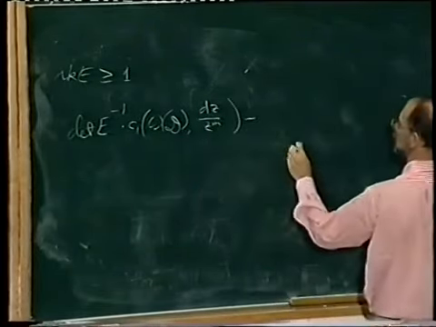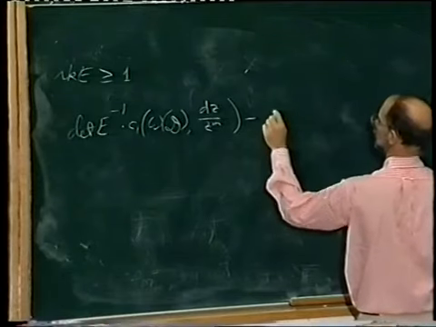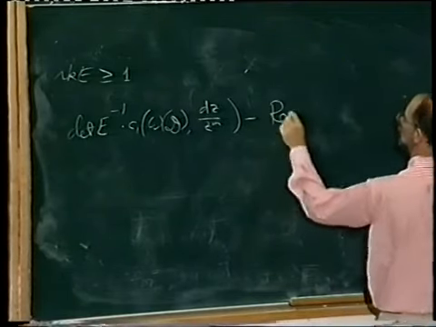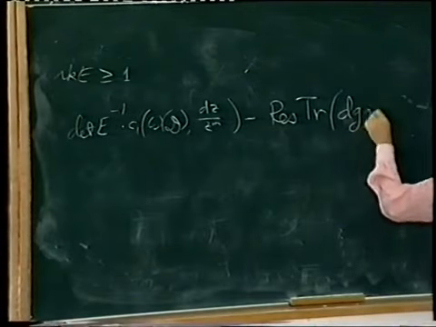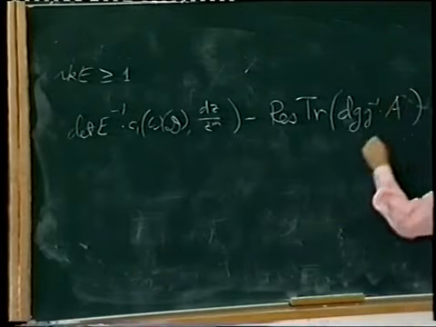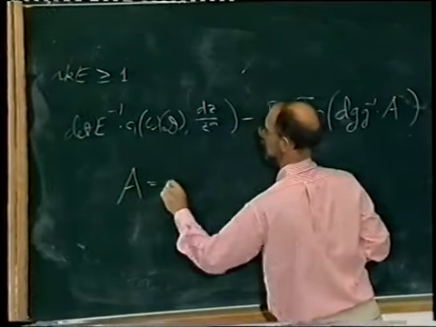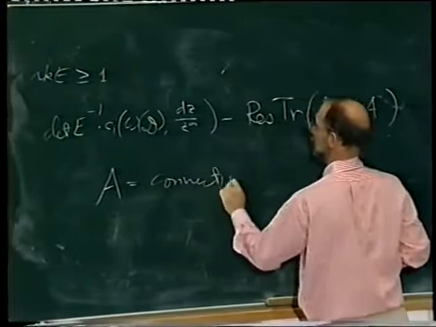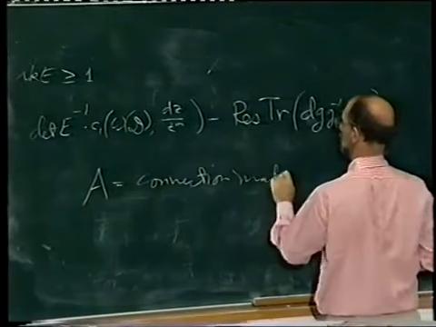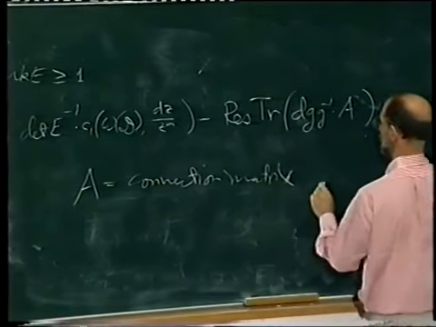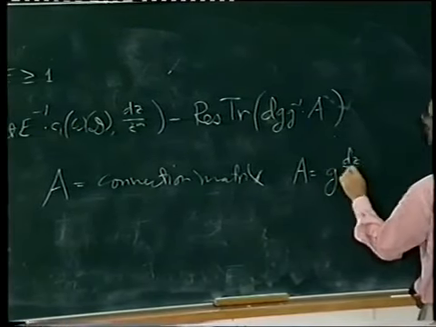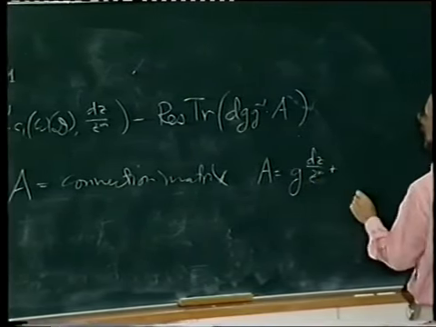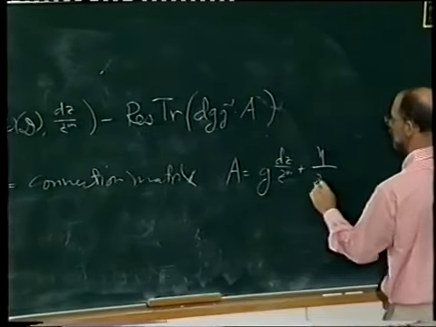And then you take the residue of the trace of dg G inverse times A, where finally A is the connection matrix, and A is of the form G dz over z to the M plus eta over z to the N.